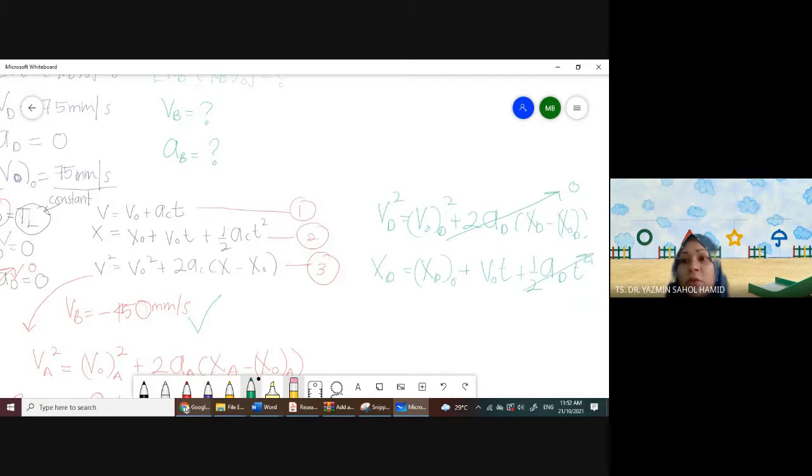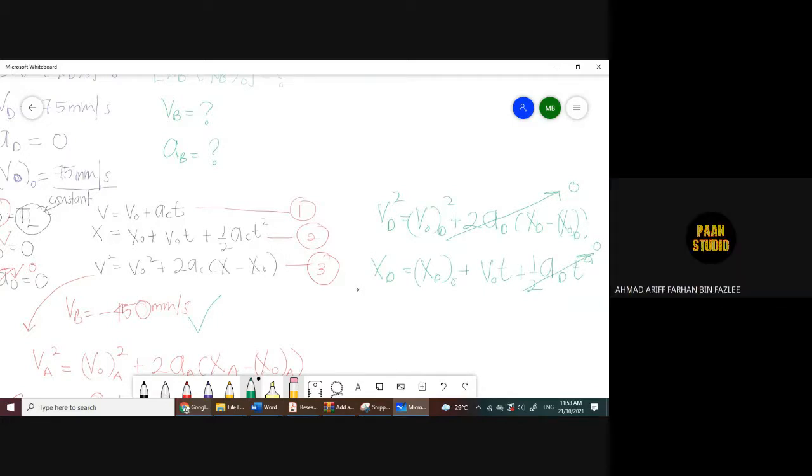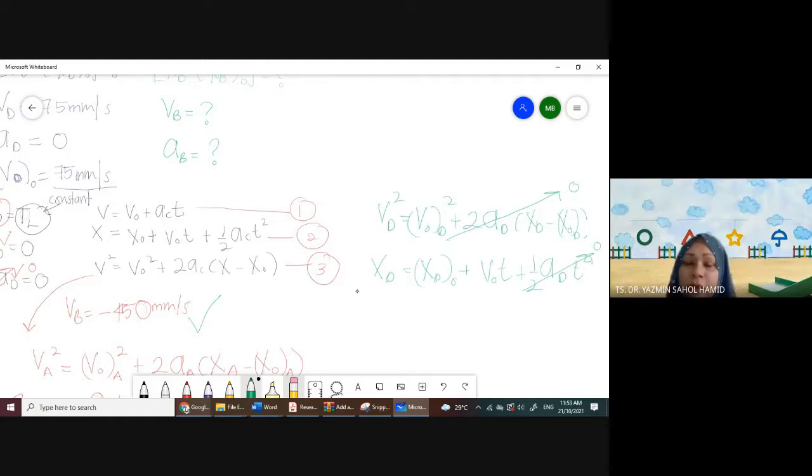So this will be 0. So you are left with what? 2 unknowns. You need to find T, right? Class, can you hear me? Yes. So it means step 1, you need to find T first.